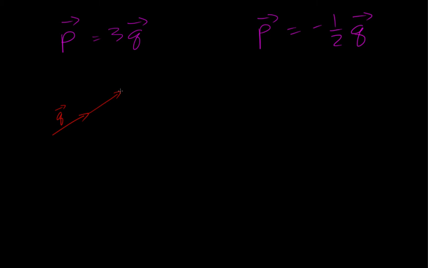If we do Q 3 times, and then we draw a vector that long in the same direction, that could also be called P.